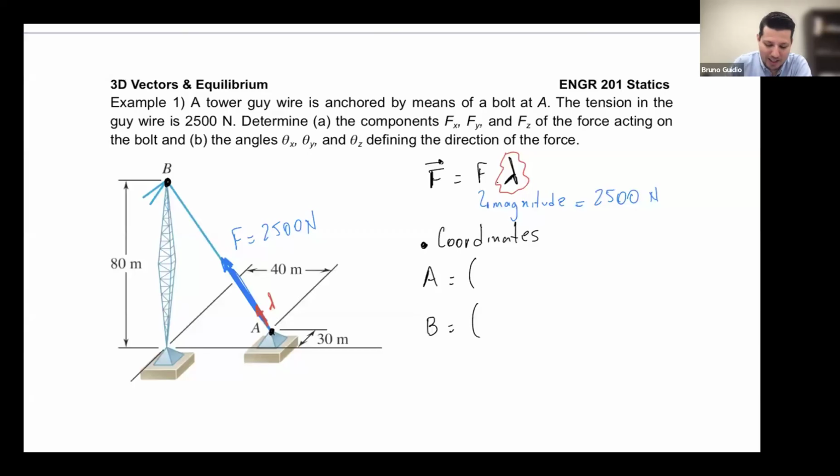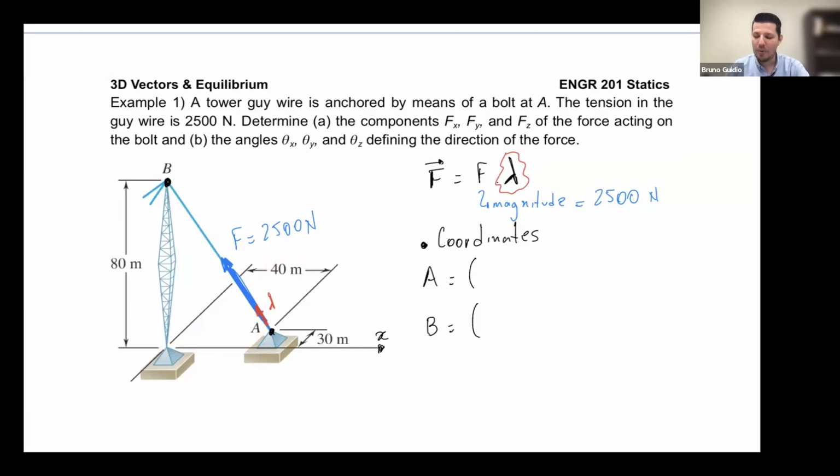X, guys, X is right here. X vector, X component. What is X? Well, X should be the distance from the orange to that point. This distance here, how much is this distance? 40 meters.